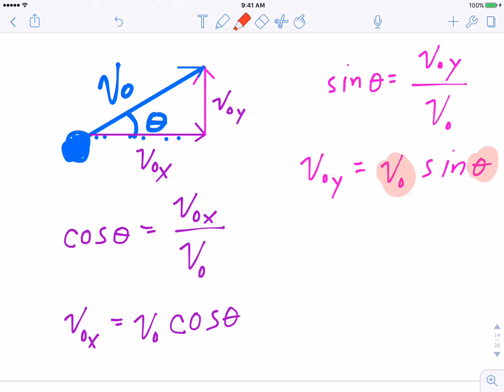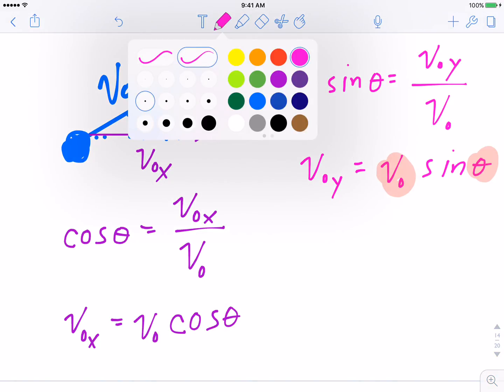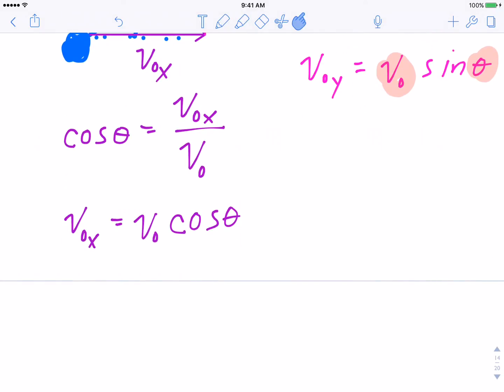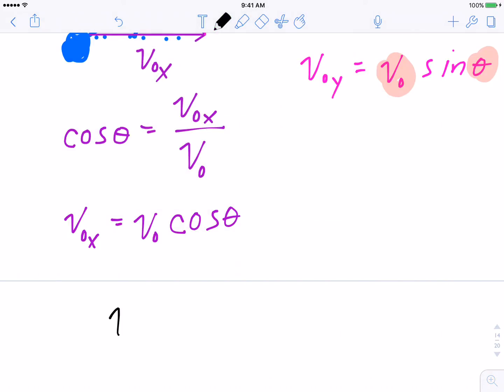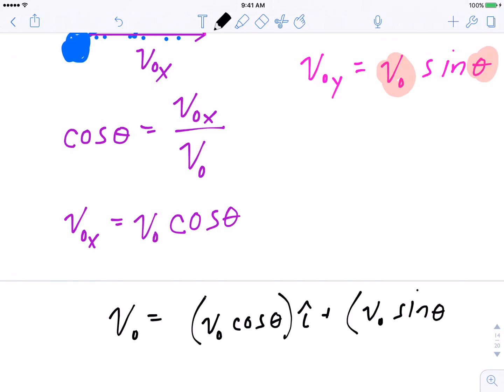Just to wrap things up and make things fully straightforward, let's do the i hat, j hat notation for our VO now. VO is equal to VO cosine theta i hat plus, positive, it's going up, VO sine theta j hat.